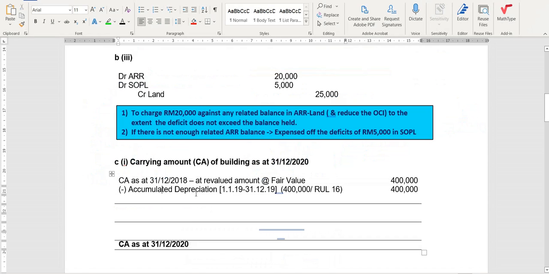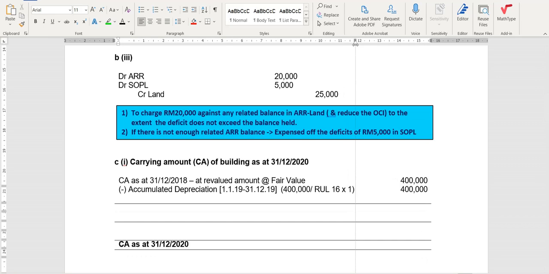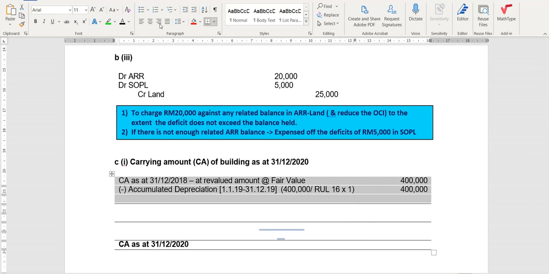So you calculate the depreciation from 1st of January 19 until 31st of December 19, right before the renovation on 1st of January. So 400,000 divided by 16, because the remaining useful life was 16, multiplied by 1, and that is because the company adopts a yearly basis. So with that, you will have your carrying amount as at 31st of December.